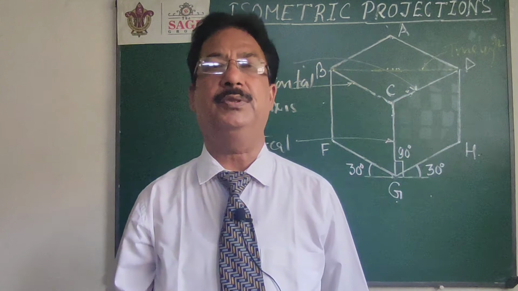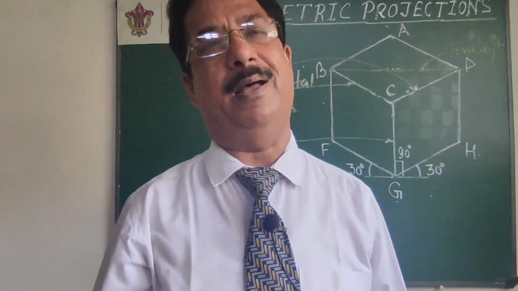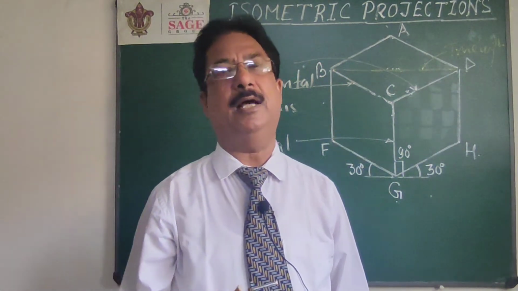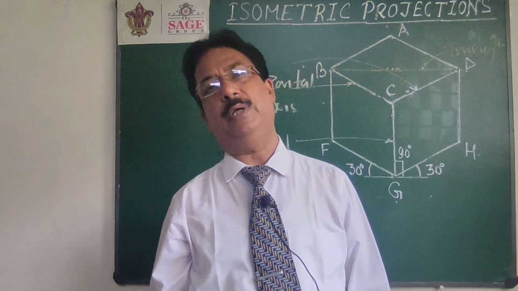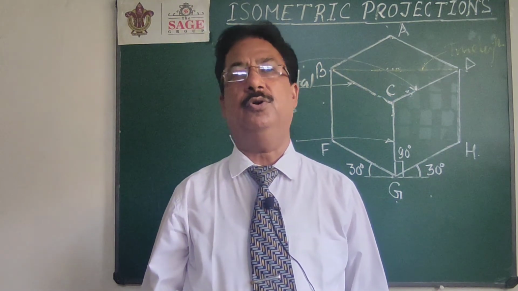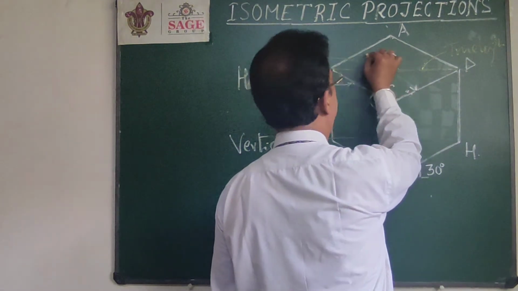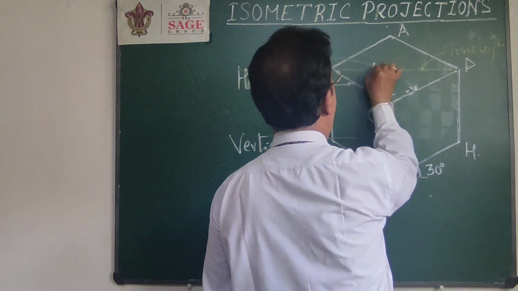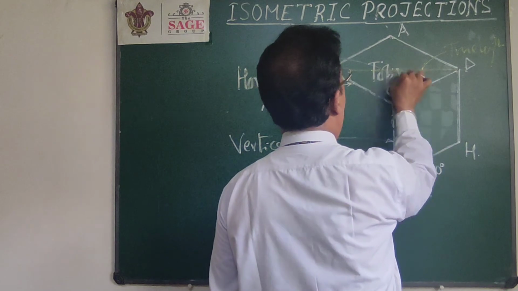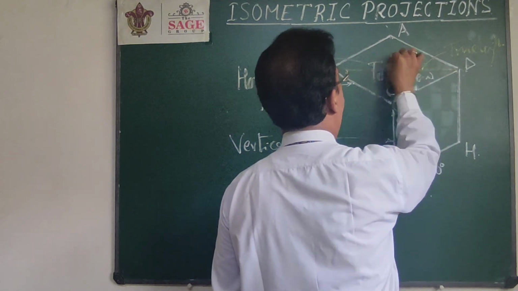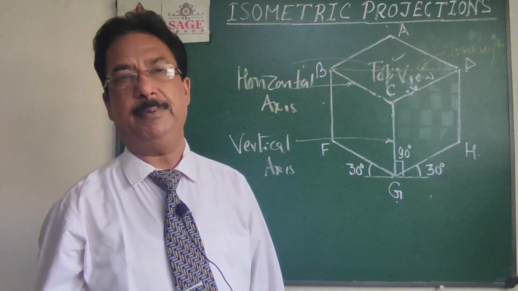It means all four sides of the square are parallel to HP, and two sides are parallel to VP and two sides are perpendicular to VP. So I can use horizontal axes, meaning 30, 30. So this type of rhombus will be drawn when the square is the top view.